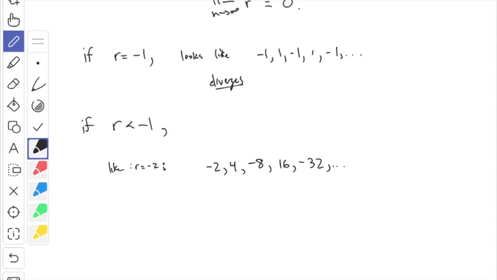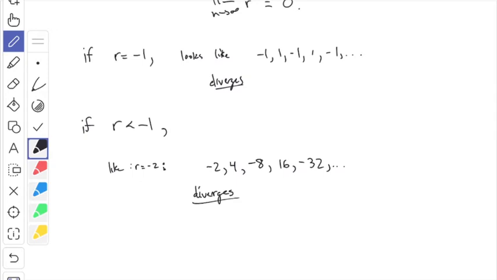What do you say about this? Converges? Diverges? This one diverges because it does not approach any particular value. You can't even say it diverges to infinity or to negative infinity. It doesn't go to negative infinity because every other term is a huge positive number, and the other ones are huge negative numbers. It doesn't approach anything in particular. So this one diverges.